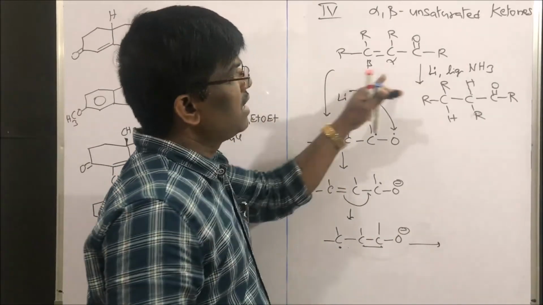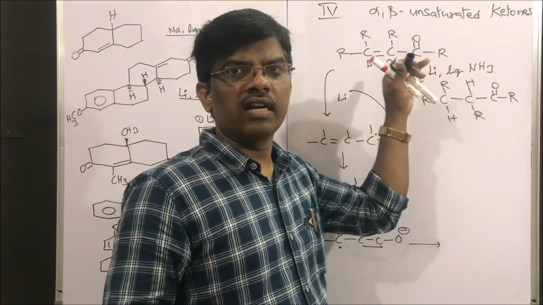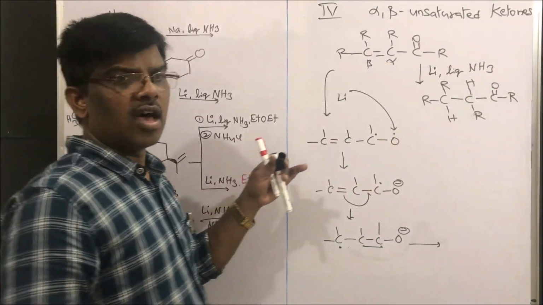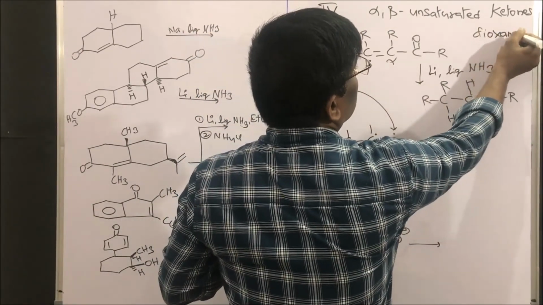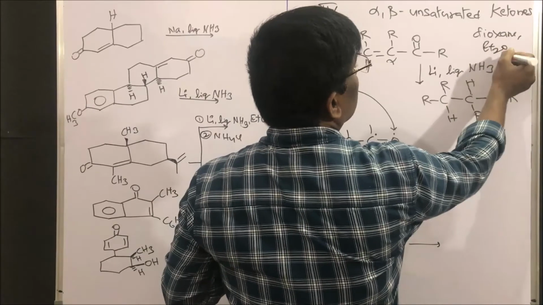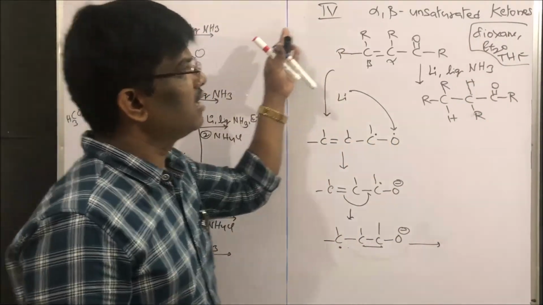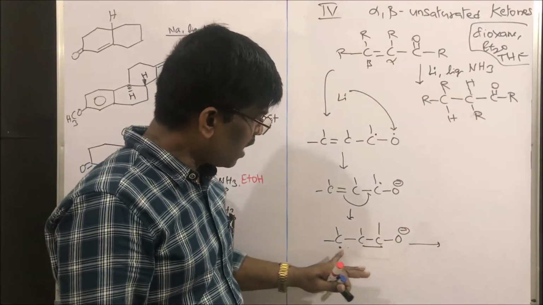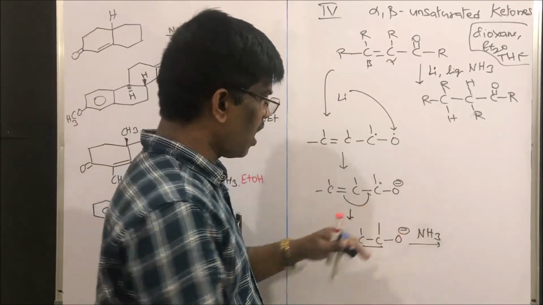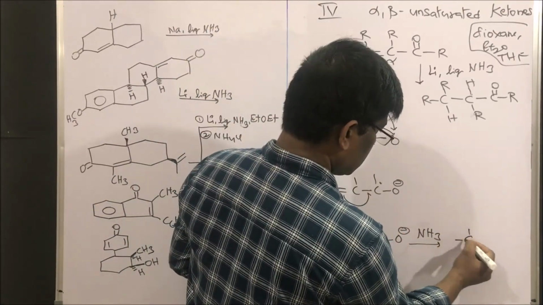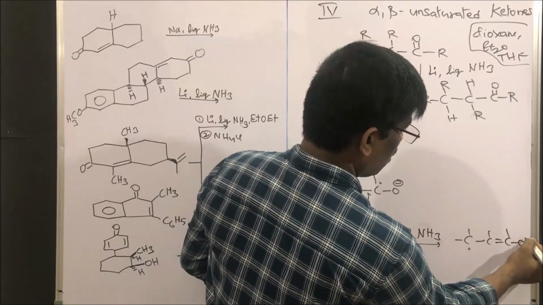This is the radical. This reaction usually does not require alcohol. If you have any solubility problem, you can use dioxane or ether, diethyl ether, or THF, tetrahydrofuran. So these are inert solvents under Birch reduction conditions. So at this place I am going to use ammonia. So this ammonia will give proton to give this C double bond C OH.